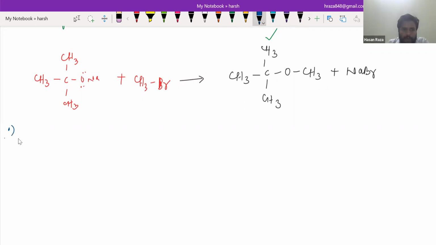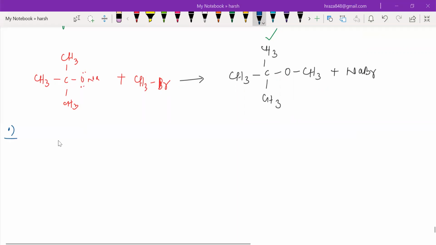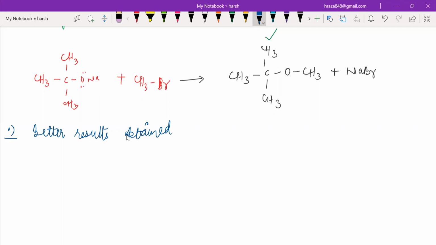One of the most important points is that better results are obtained if the alkyl halide is primary. Whenever the alkyl halide is primary, the better results will come.